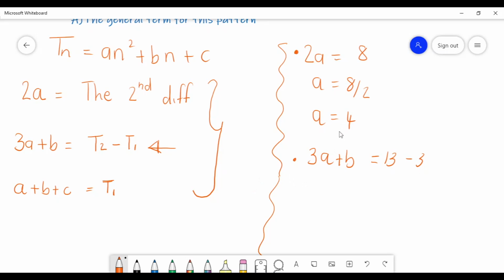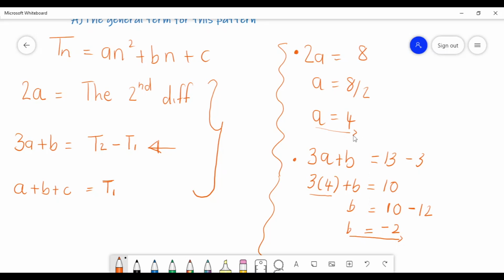And then we already know that our a is equal to 4, so you can just substitute that into this equation. 3 times 4 plus b is equal to 13 minus 3, which is equal to 10. You're going to make your b the subject of the formula, and you're going to be left with 10 minus, okay, what's 3 times 4? 3 times 4 is equal to 12, right? Therefore, your b is equal to 10 minus 12, which is equal to minus 2. Okay.